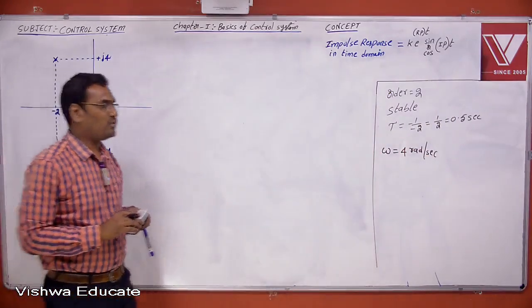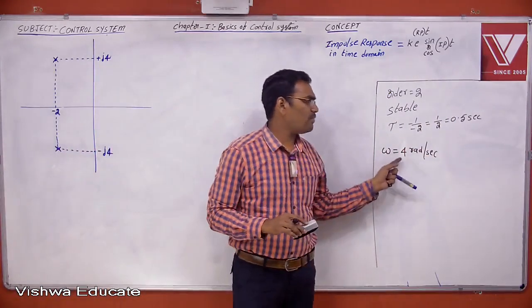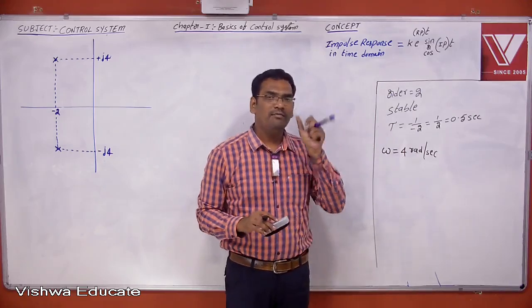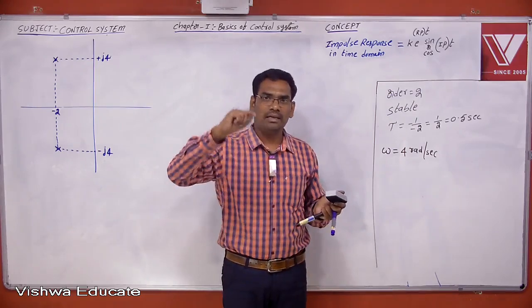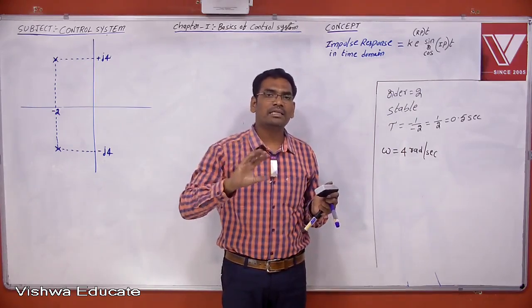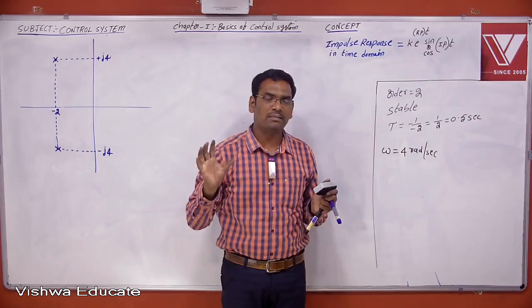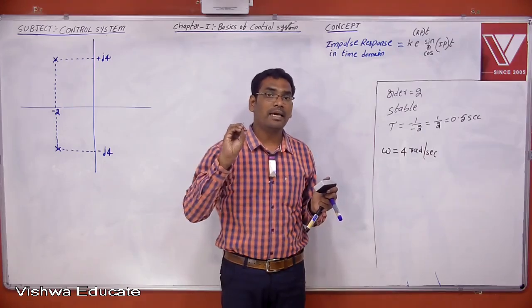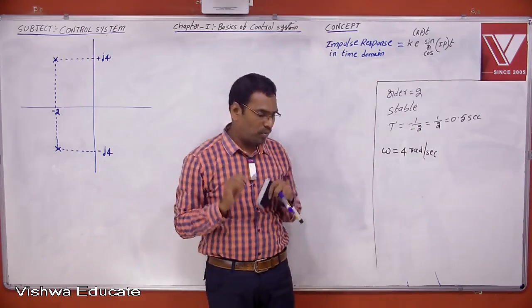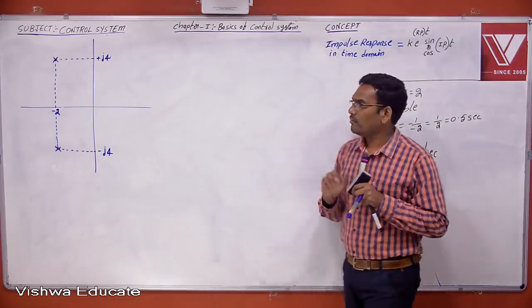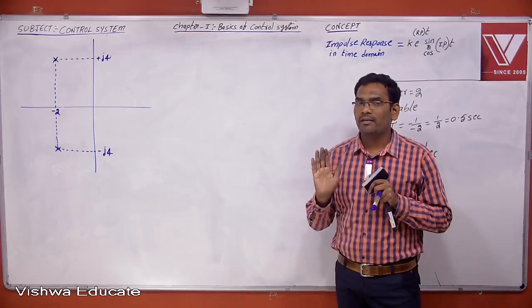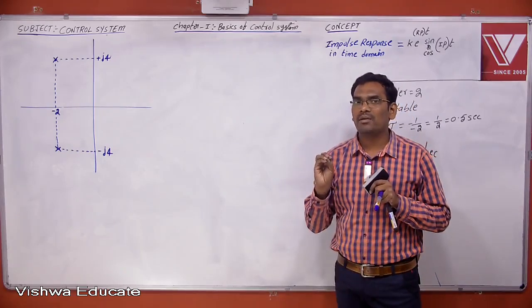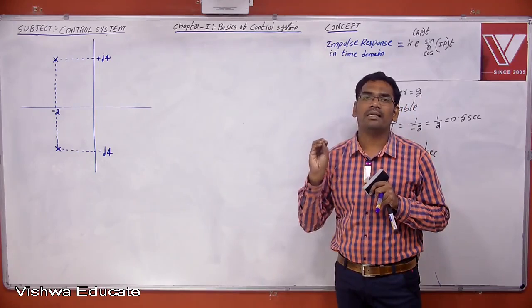What is the meaning of that? The frequency of oscillation is 4 radians per second, which means that definitely the response is having some oscillations. Definitely the response is having some sine or cos term. The response is having some sinusoidal nature. That is the point we have to identify. In all the previous problems there is no imaginary part, which means the response does not have any sinusoidal oscillations.